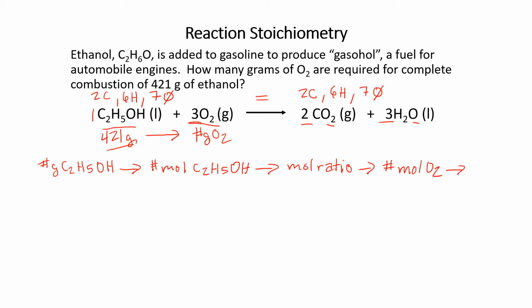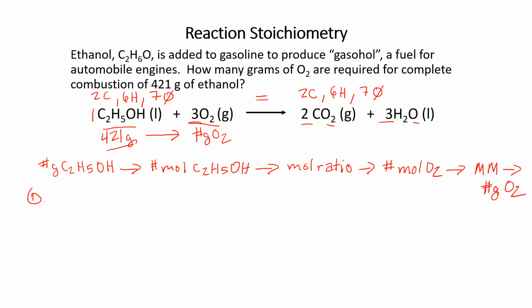I can use the molar mass to get the number of grams of diatomic oxygen. So this is our roadmap. This will lead us to grams of diatomic oxygen. So we can take it as a step-by-step process, and then I'll show you how we can do it in just one big step.